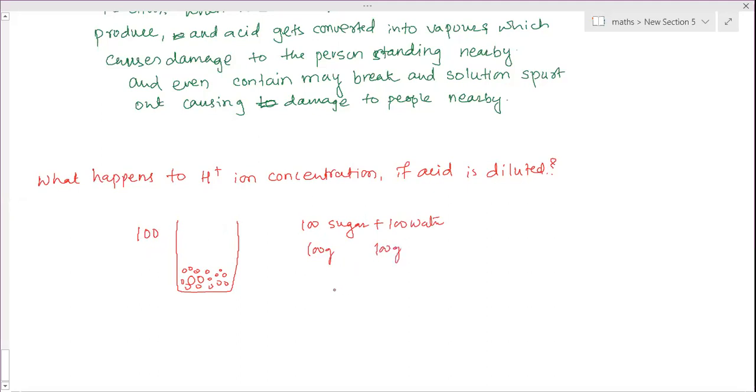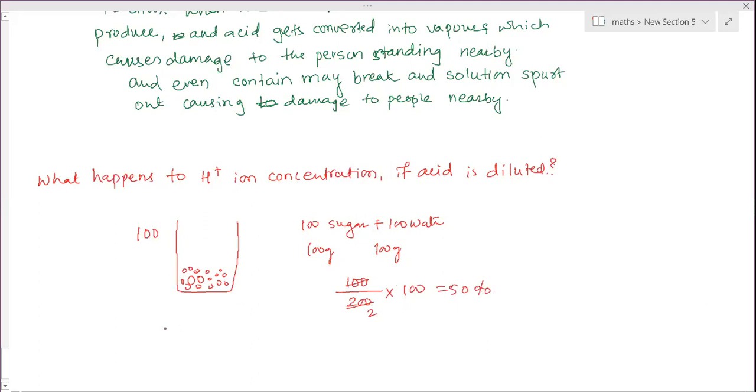What is the concentration right now? 100 grams of sugar is dissolved in 100 grams of water. The concentration is the sugar divided by the mass of solution, which is 200 grams, times 100. So that is 50%. Now sugar is present at 50%.